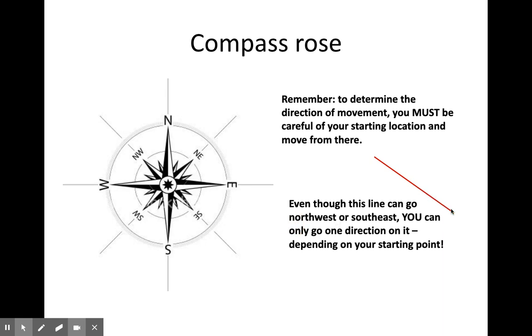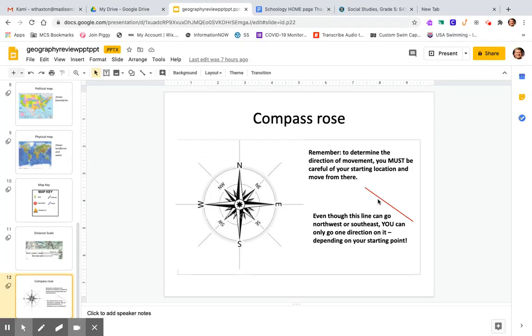So if I start here and I'm going this way, I'm going northwest. If I start at the other end, I'm going southeast if going down. So good to know. That's just a quick little overview of the compass and of some terms that you will be needing to know this year.